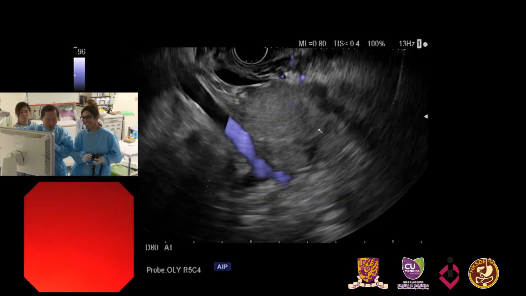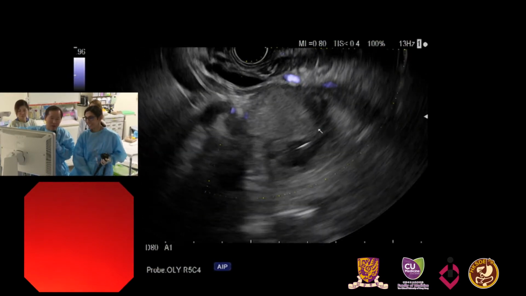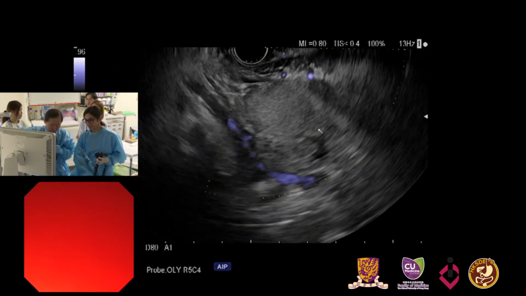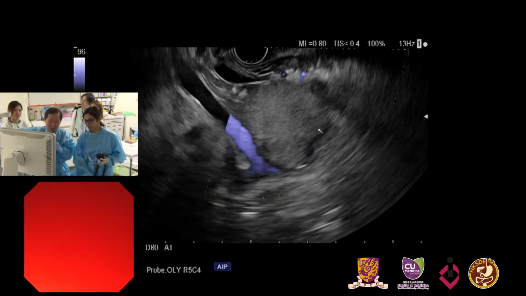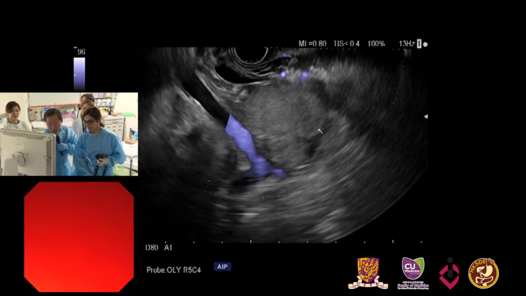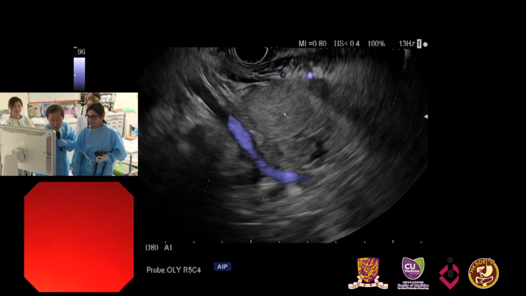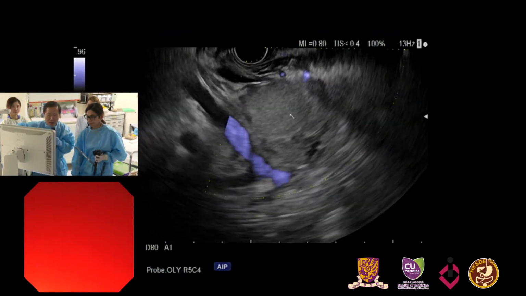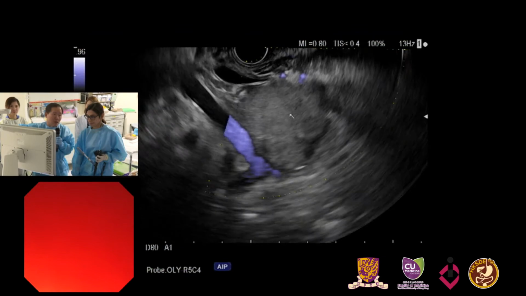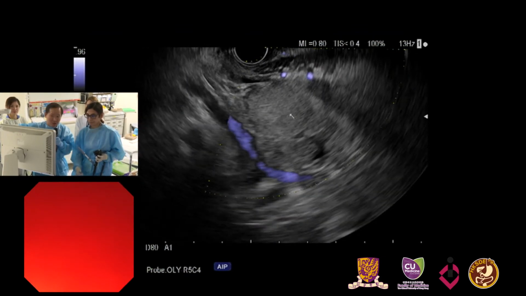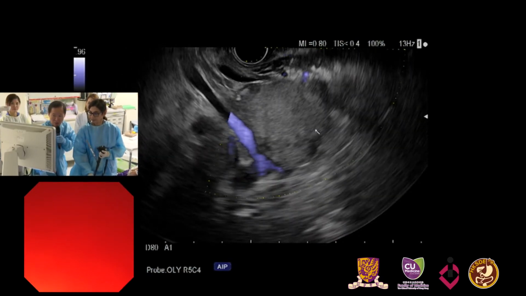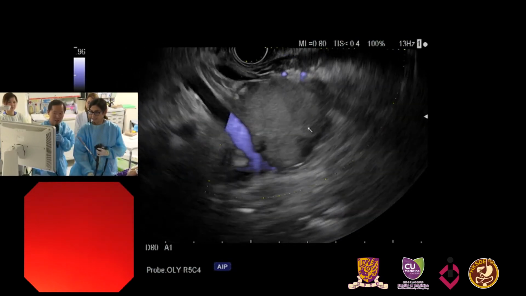I want to give a message to other endosonographers because we are dealing with a lot of FNA and puncturing of solid or cystic lesions. During EUS, after the second biopsy, we saw some echogenic jet going inside, and it looks like arterial bleeding, and it looks very serious. But if you wait, most of the time the bleeding spontaneously stops, like in this case. But we can see some echogenic debris because of bleeding inside the cystic lesion here.